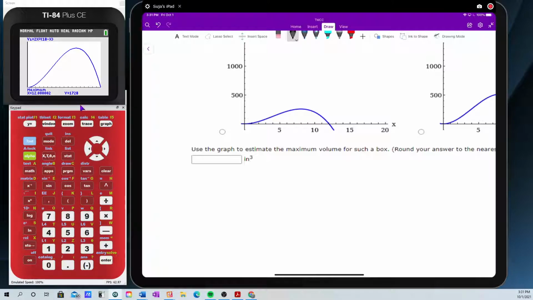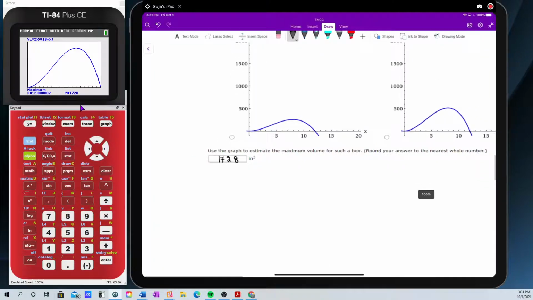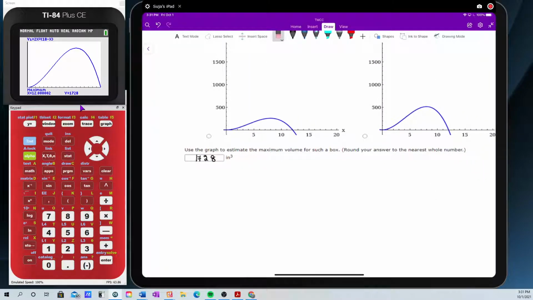So the maximum volume is going to be 1728 inches cubed.